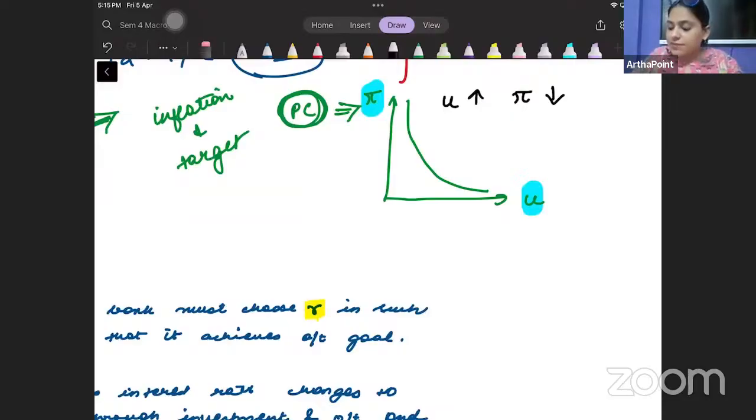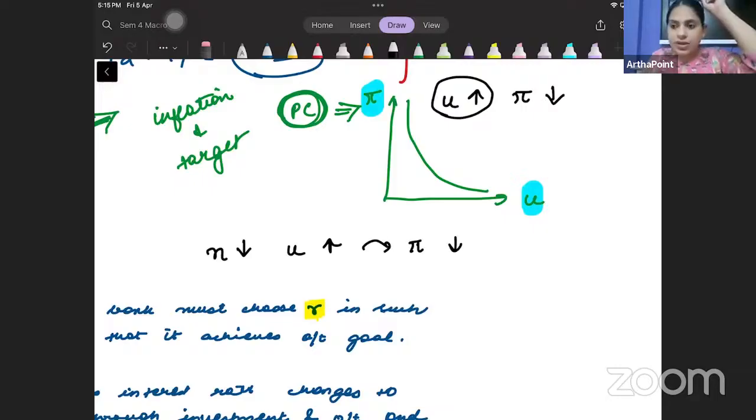Clear? But when will unemployment rate increase? Whenever employment rate will fall, unemployment rate will increase. अगर कम लोग employed होंगे तो ज्यादा लोग unemployed होंगे. If less will be employed, more will be unemployed. And when unemployment rate will be high, then we know that inflation will fall. Right?